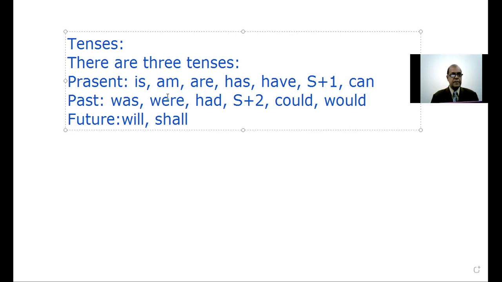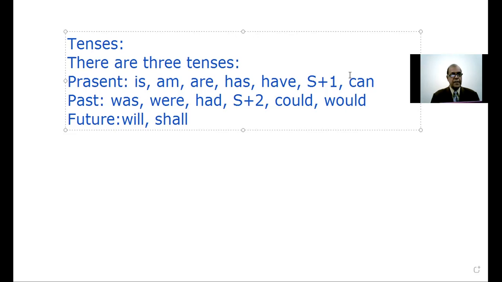Will and shall sometimes we use when we are talking about present. So present and future may shake hands, may join together, but past does not shake hands with present or future. So it always remains in the past form.